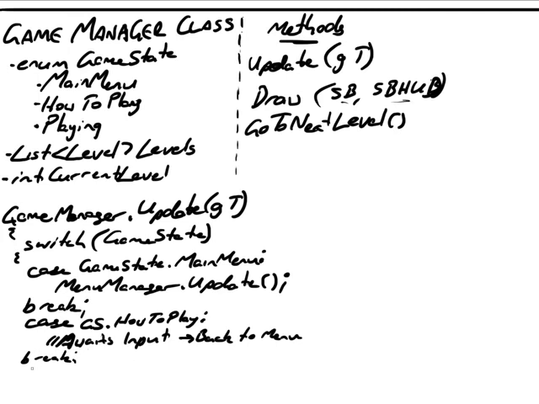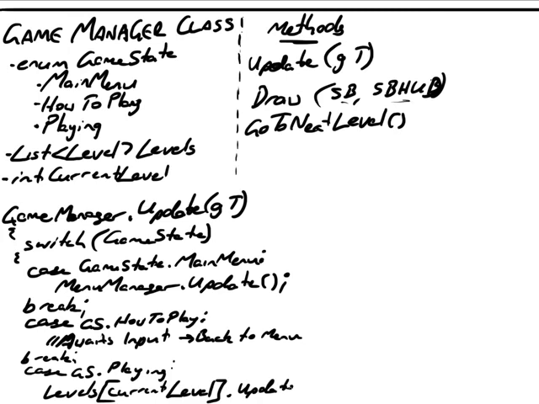Okay, which is finally case GameState.Playing. What this does is it checks which level from our current level list I'm supposed to be updating. Well, I'm going to pass control over to that one then. Levels, current level, dot update, and pass it in game time.